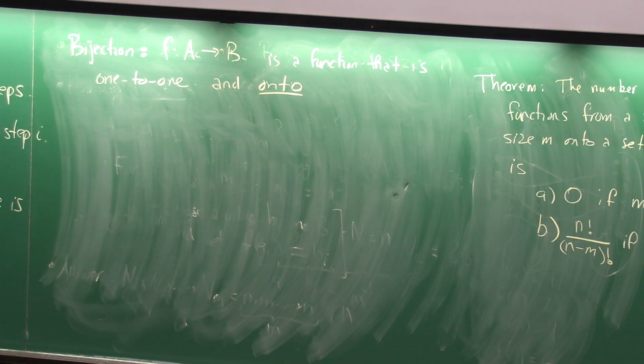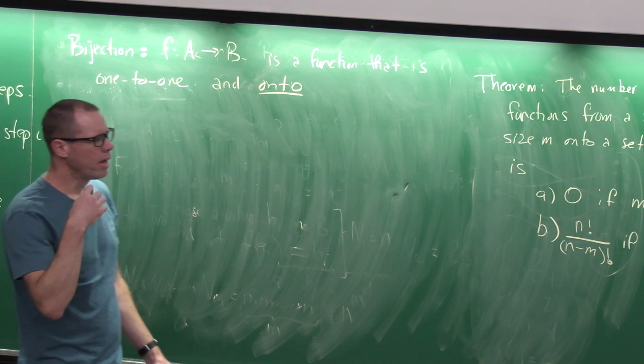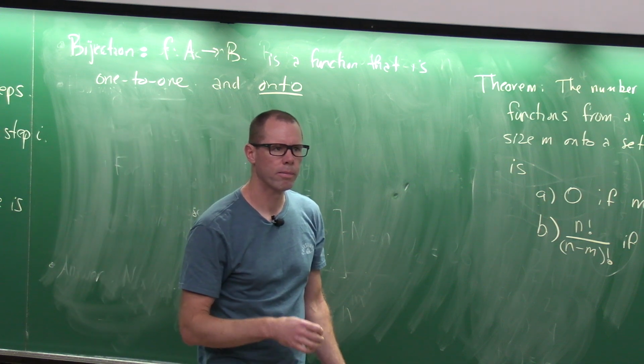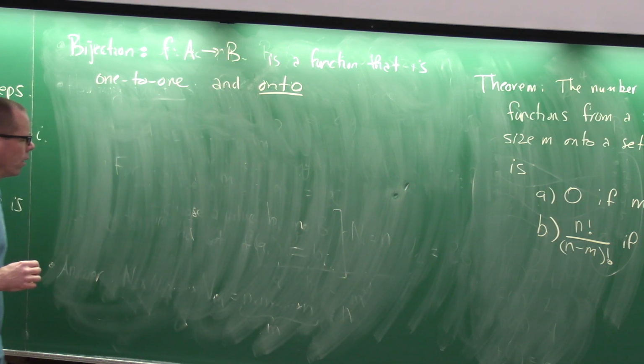What does onto mean? That means that every element of B, if you think of these arrow diagrams, is hit at least once. Okay.